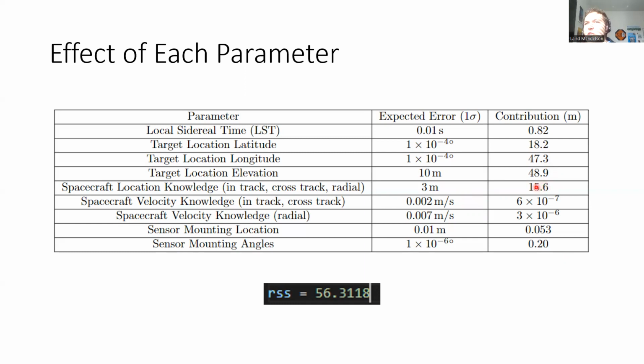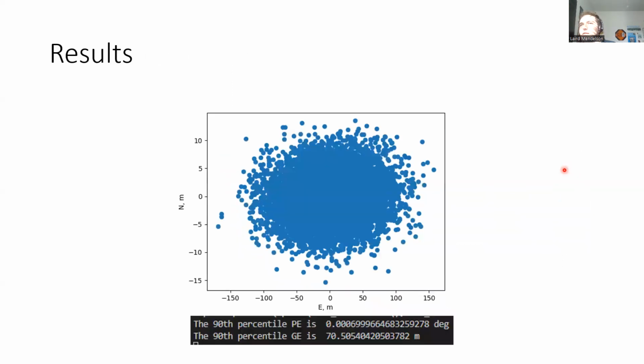In particular, I think just the way that on the surface of the Earth, the target and the spacecraft geometry meant that these two errors, the elevation and the longitude, ended up mostly happening in the same direction, which was that east-west, which is why the east-west side of this range is such a wider range than the north-south.